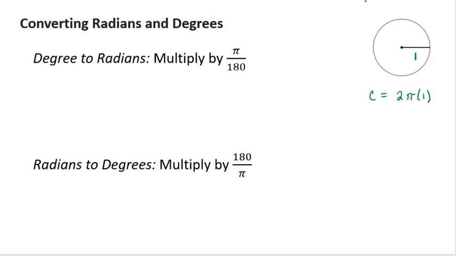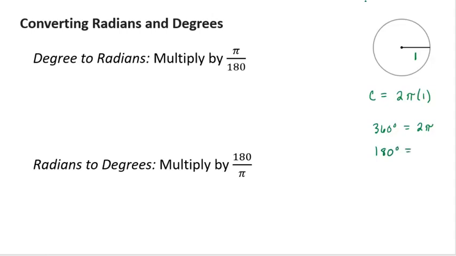So the entire circle, which is 360 degrees, would be the same as 2 pi. So 360 degrees equals 2 pi. And that's how they kind of talk about radians, and that's why it's called radians, because we're talking about the radius being 1.